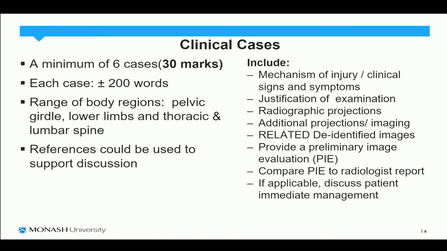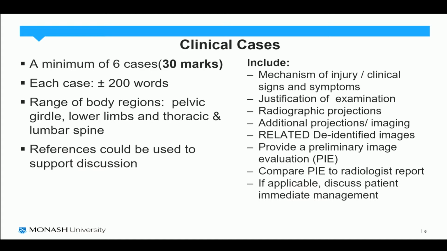Include in the case, as applicable, mechanisms of injury, justifying the examination, the projections undertaken, and then also, if necessary, were there any additional projections, and then provide de-identified images to each of the case. You then need to provide a preliminary image evaluation of the case, and then compare your PIE to that of the radiologist's report.